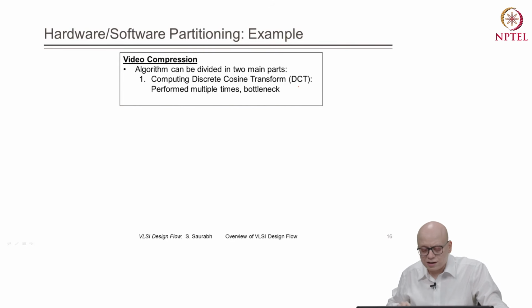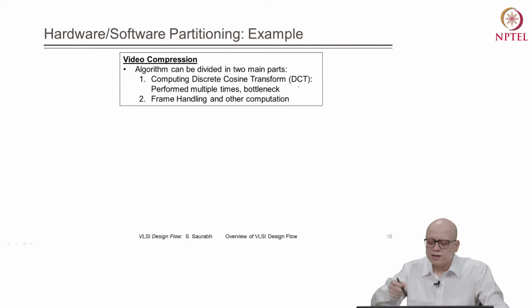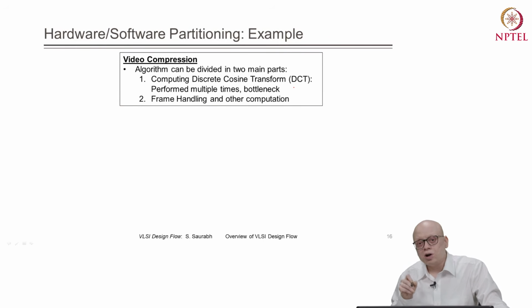And then there are other computations, for example frame handling, which are also being done. But the point is that we are assuming for the time being that the part of the algorithm which is the bottleneck takes a lot of runtime, say out of 100% runtime, 80% is going in computing DCT, right? Now, in this case, how do we do hardware software partitioning?